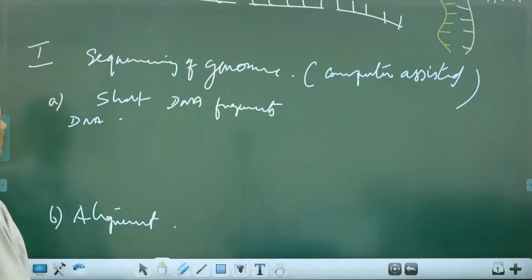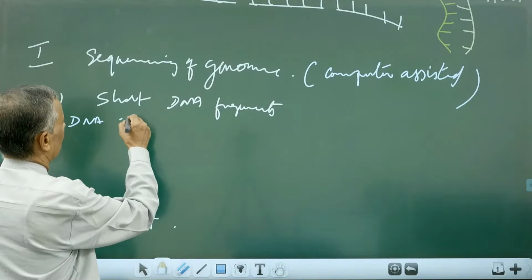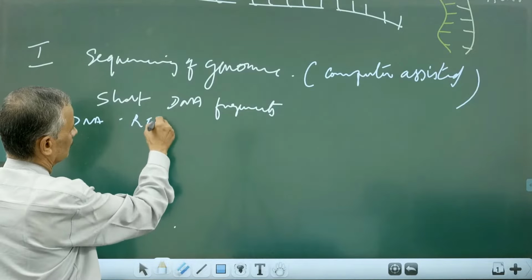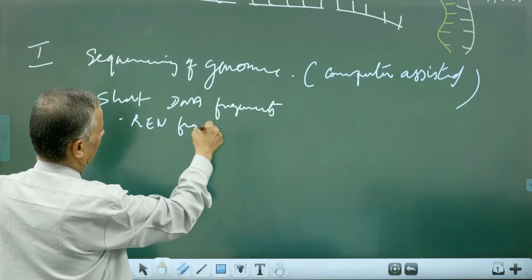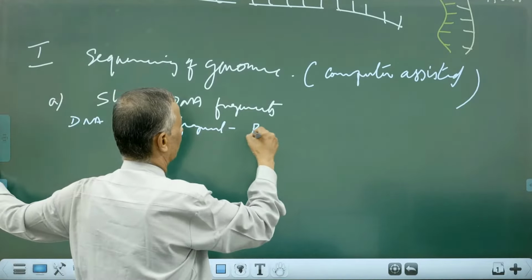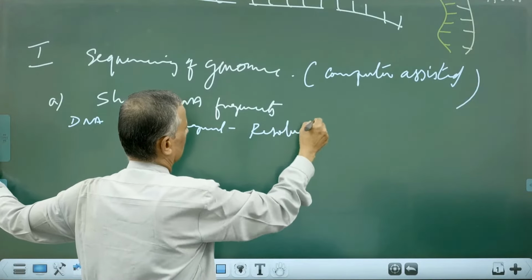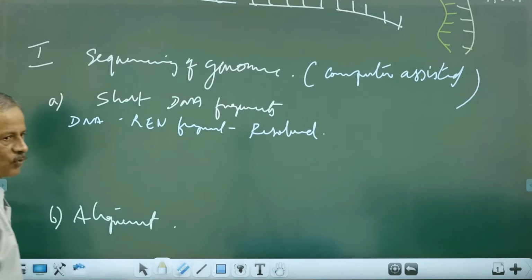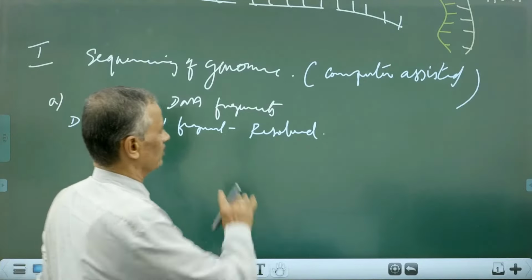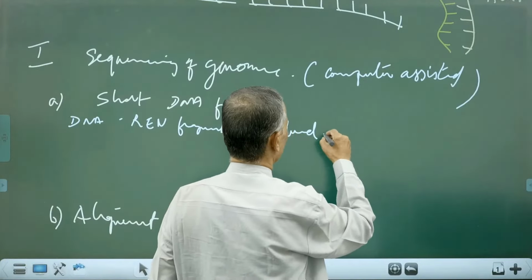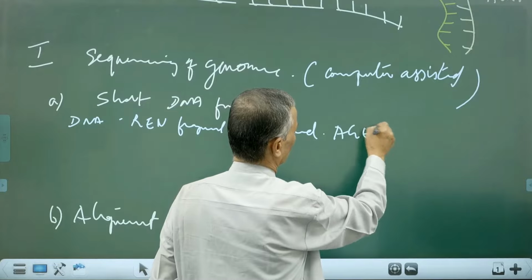So DNA was taken, then it is cut with restriction enzyme, restriction enzyme fragmentation. Then they were all resolved in an agarose gel electrophoresis. They were all separated, resolved in agarose gel electrophoresis.